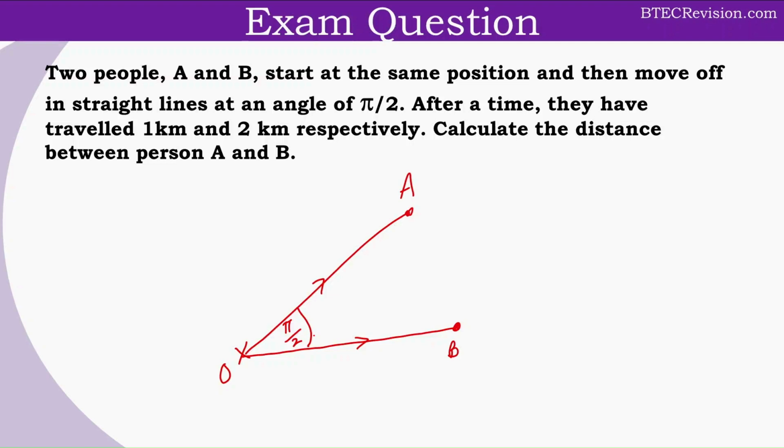After a time, they have traveled 1 kilometer and 2 kilometers respectively. So we can say this person has traveled 1 kilometer, this person has traveled 2 kilometers. Make this line a little bit bigger.